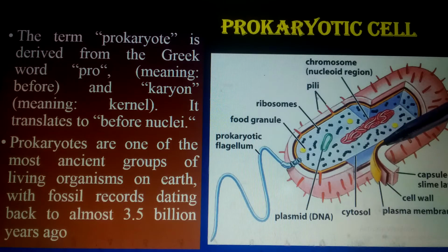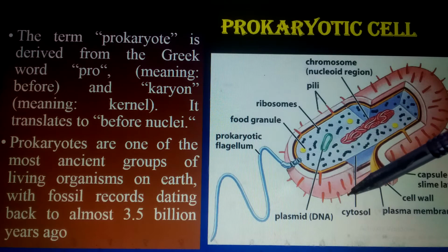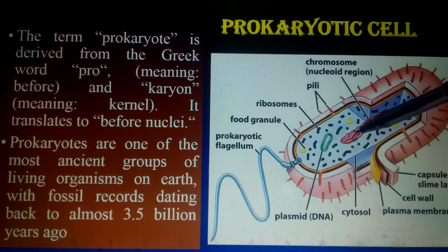Inside the plasma membrane you can see the fluid-like material, the cytosol, meaning the cytoplasm. Inside the cytoplasm there is a region in which the chromosome is present. That region is known as the nucleoid region, because the nucleus is absent and the chromosome is present directly in the cytoplasm.